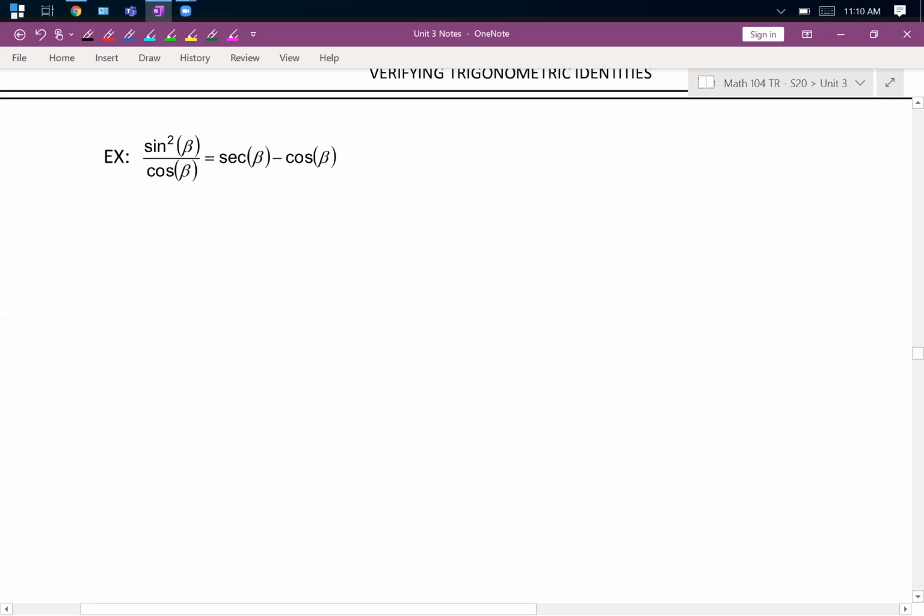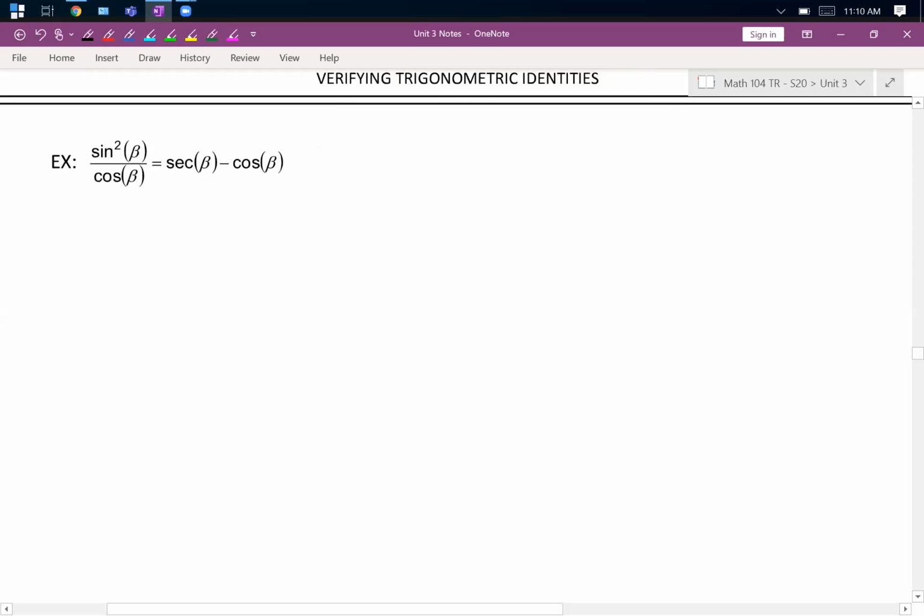I'd probably start with the left side. It's typically easier to break things down than to build them up. So breaking a fraction down, simplifying it into not a fraction is typically an easier algebra move than trying to build up a fraction. But I want to talk algebraically about what has to happen.